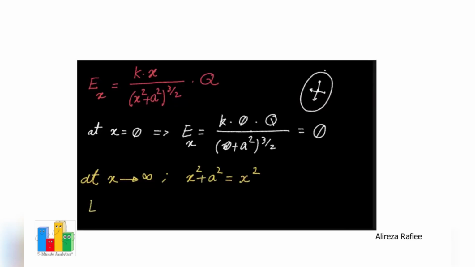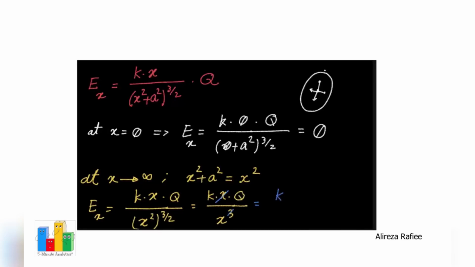So E sub x would be equal to k times x times q divided by (x²) to the power of 3/2, which gives x to the power of 3. It's the same x, so one x cancels one x here. And so we will have k times q divided by x², which is exactly the same as the electric field of a point charge when you are far enough from it. And so this guarantees that the solution we found makes sense.